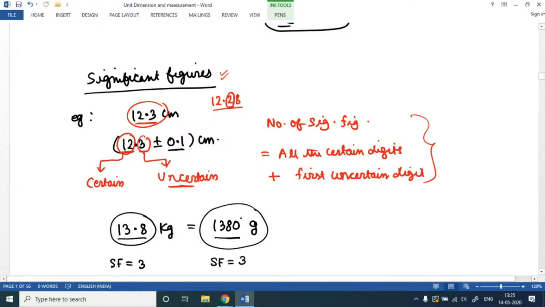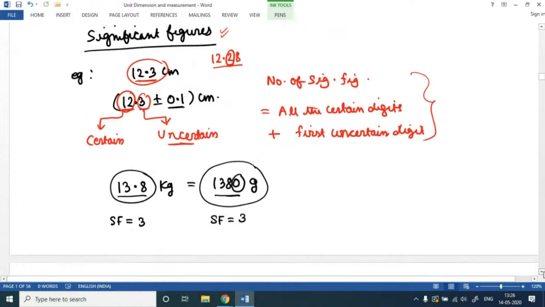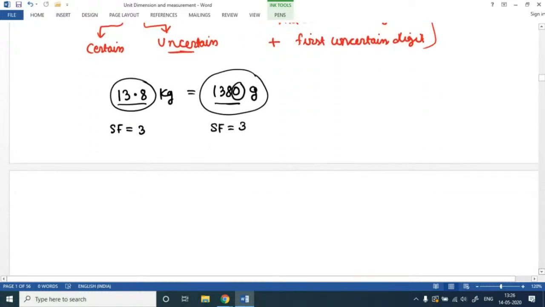We must not count this 0 as significant. So we must have a set of rules regarding the significant figures, and mainly that rule will be regarding 0, when 0 would be counted as significant and when 0 will not be counted as significant. So let's understand about those rules.